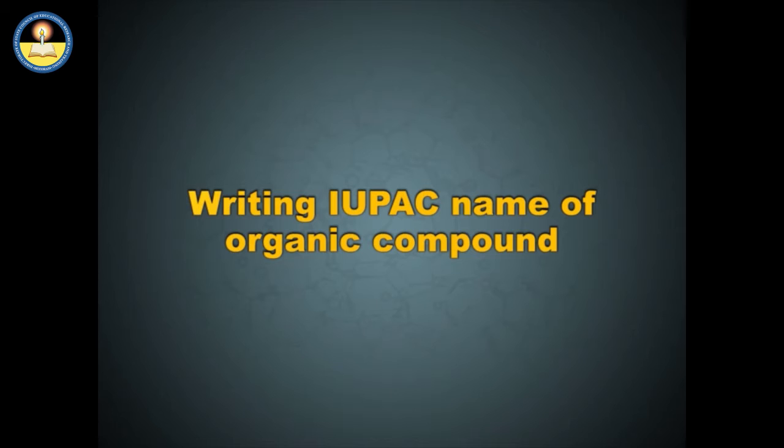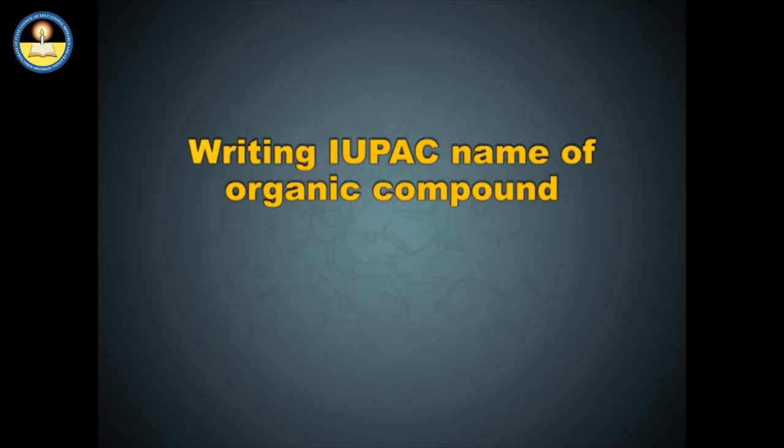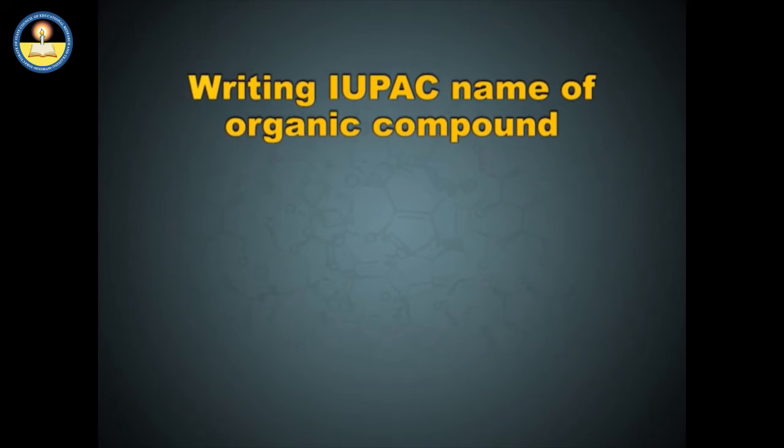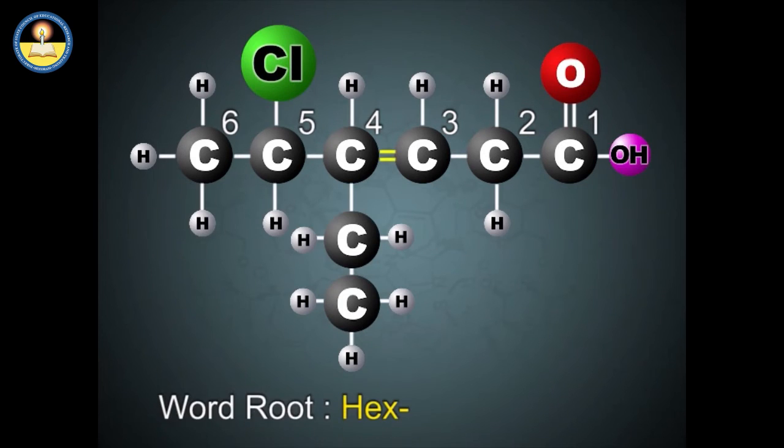Writing IUPAC name of organic compound. Let us analyze an organic compound shown on screen. Let's select the longest carbon chain in it. It has 6 carbon atoms in its longest chain. Word root is hex.